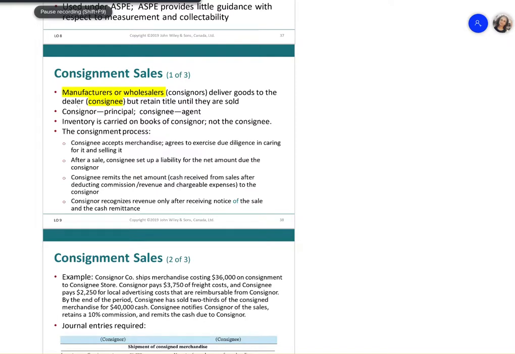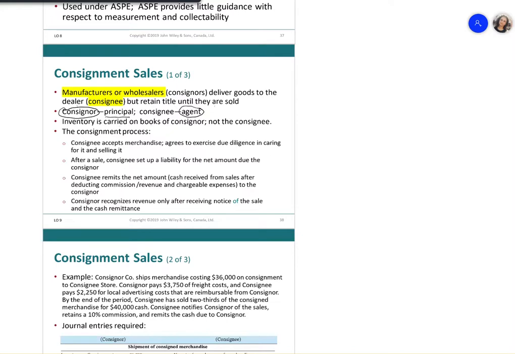The manufacturer or the wholesaler delivers goods to the dealer, who is the consignee, but the manufacturer remains in control until they're sold. Who is the consignor? In our example, Coca-Cola. They are the principal. And who is the consignee? They are the middleman, selling the products to the customer. So we buy the Coca-Cola bottle from No Frills, so No Frills is the middleman. They are the agent.